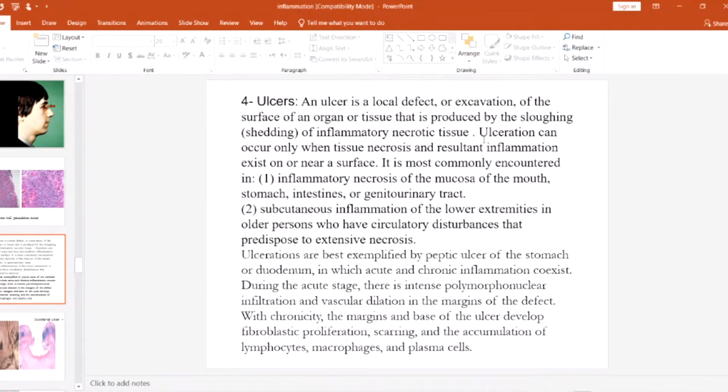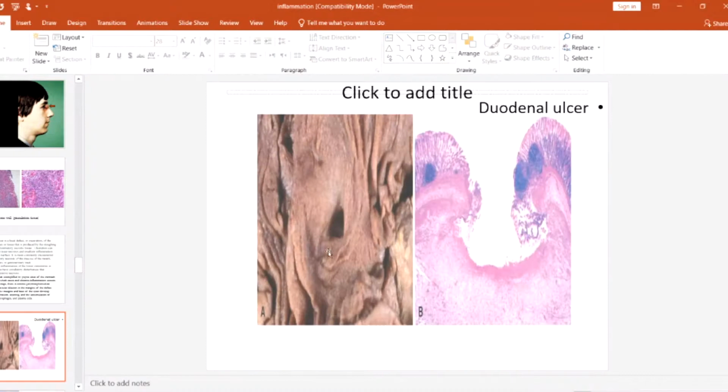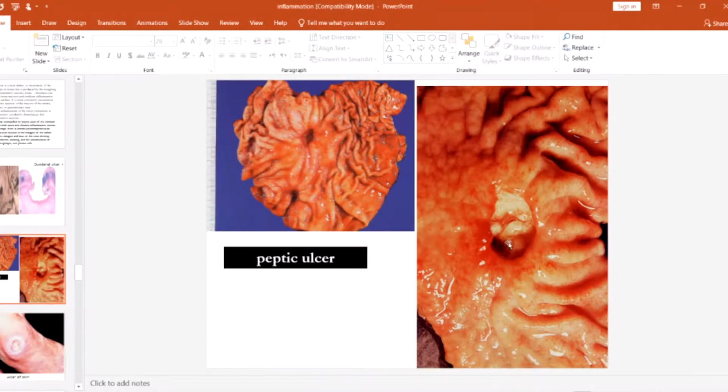Usually الألسر there is necrosis or inflammation seen in any mucosa from the oral cavity to the GIT to the stomach to the colon to the rectum, okay, or to the urinary bladder, etc., or in the skin. Let's see. This is an ulcer. Okay, this is normal mucosa. هذا normal mucosa وهذا الألسر. Okay, here is an ulcer.